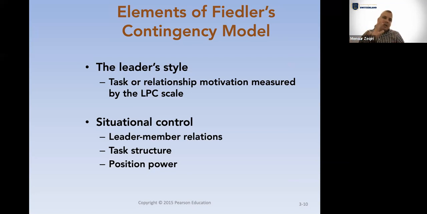So as we said, the task motivated individuals focus on tasks, whereas the relationship motivated persons mainly concern themselves with relationships. One particular comparison that has usually been made is between Hillary Clinton and Barack Obama. That mainly illustrates the differences between task and relationship-oriented leaders.